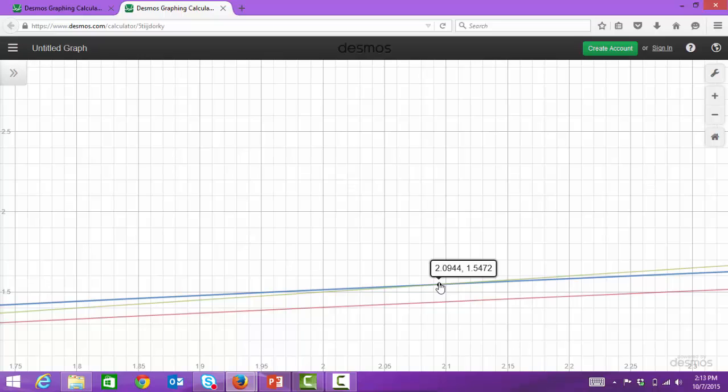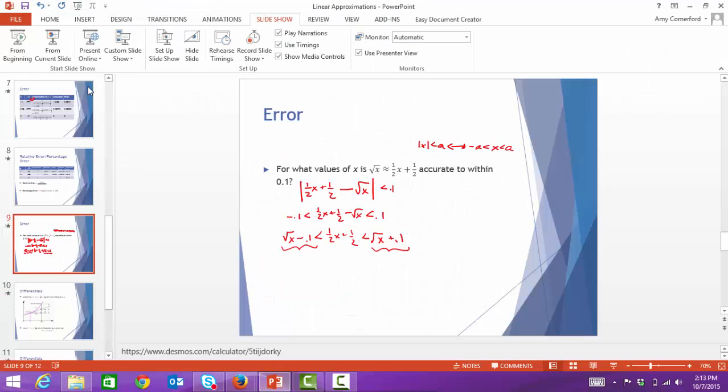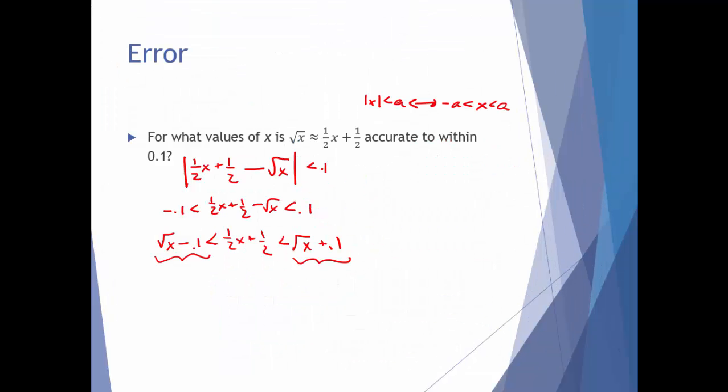So that linear approximation stays within the correct error, or the correct tolerance, up until an x value of 2.0944. So the way that we write that is we say, okay, then this is solved by 0.3056 less than x less than 2.0944.